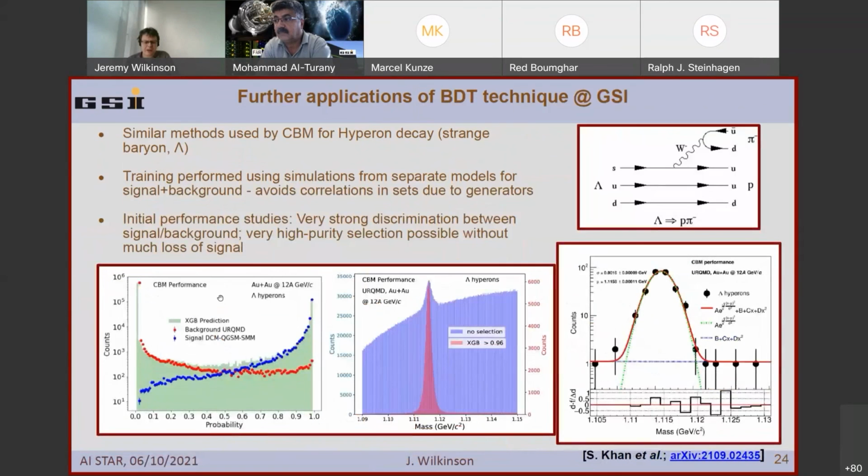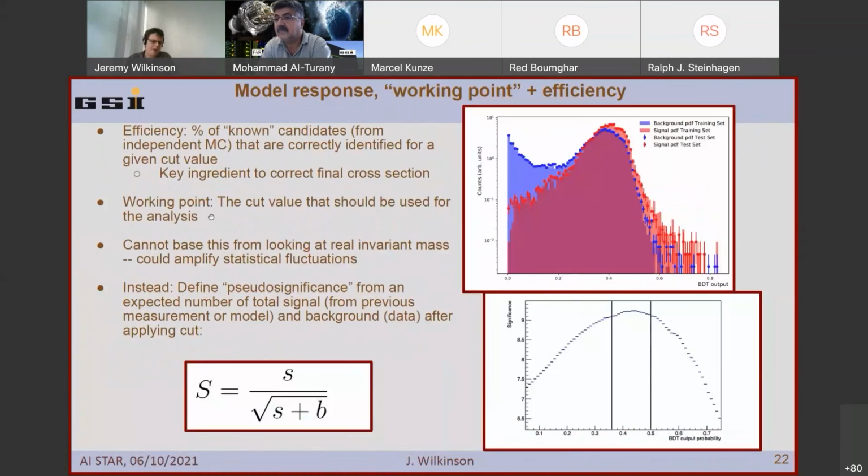And then in terms of the systematics from varying the cut, I didn't have time to really touch on this, but usually what we will do is around our chosen working point for the cut, we will vary the probability cut that we apply within some region, and then see what the effect of this varied cut will be on the final reconstructed signal.